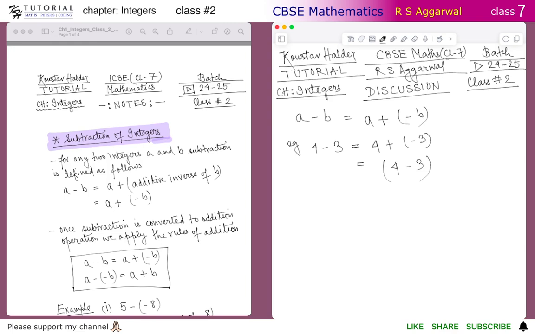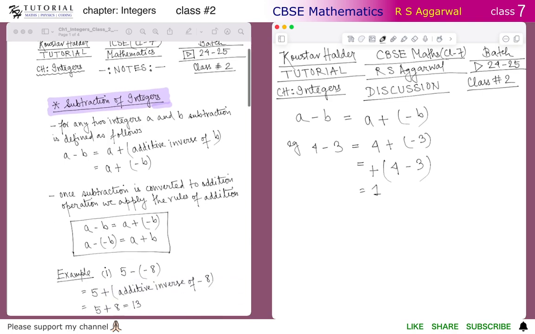The sign of the numerically greater value, which is 4. So the answer is 1. So this is how we subtract one integer from another integer. We basically add the additive inverse of the integer we are subtracting to the integer. So if we want to subtract b from a, we just add the additive inverse of b to a.